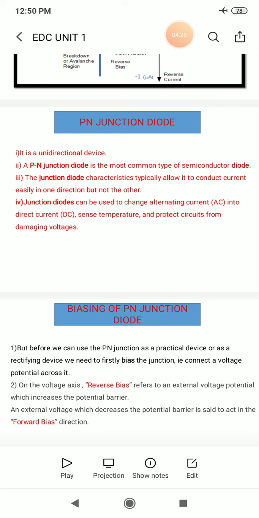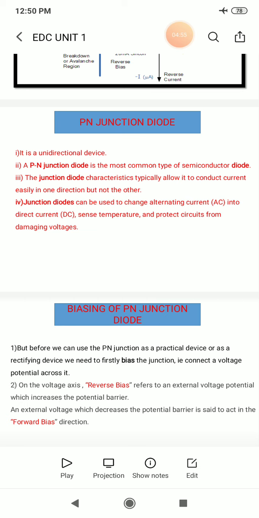Second, a PN junction diode is the most common type of semiconductor diode. This is very basic; if you are using a diode, we all should know about the PN junction diode very clearly. The junction diode characteristics typically allow it to conduct current easily in one direction but not the other.